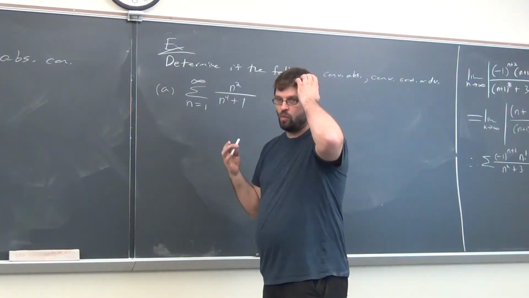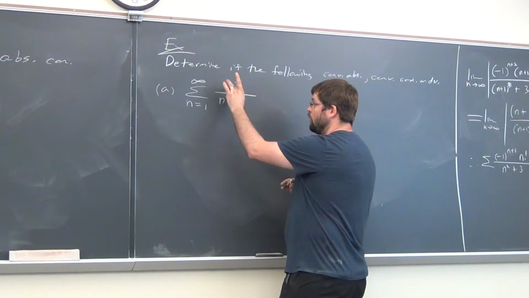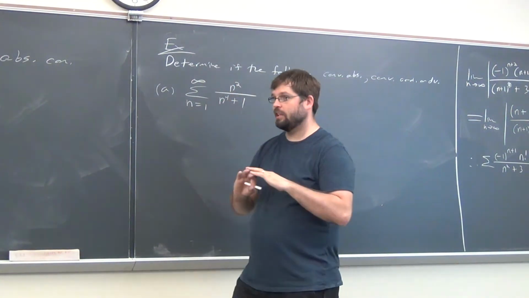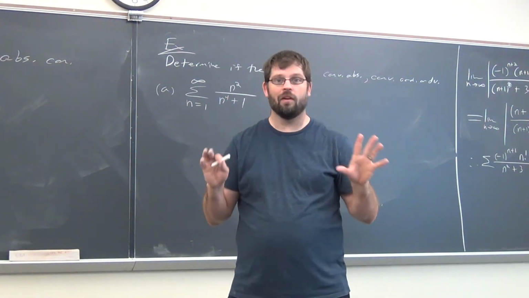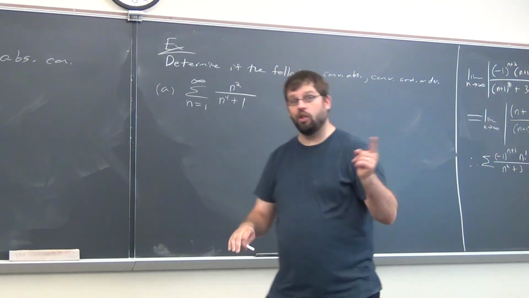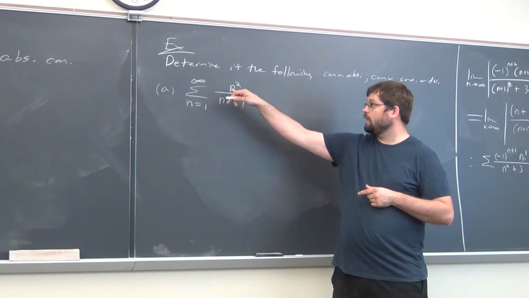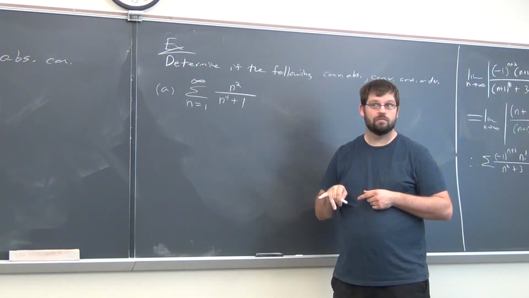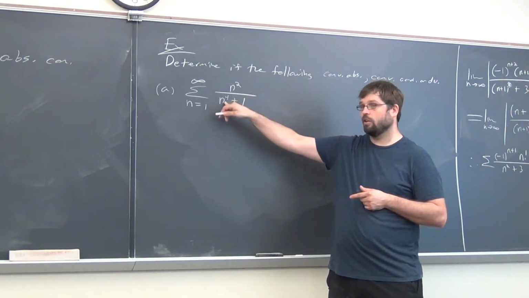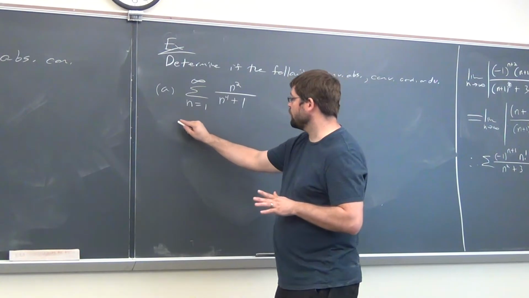If you see this on a test, polynomial over polynomial, no exponential, no factorial, that's when the ratio test is going to fail, and so you wouldn't even use it here. You would want to try the nth term test though. Is the nth term going to go to 0? Yeah, you've got n squared over n to the 4th plus 1, so it's going to go to 0. But let's try the ratio test.